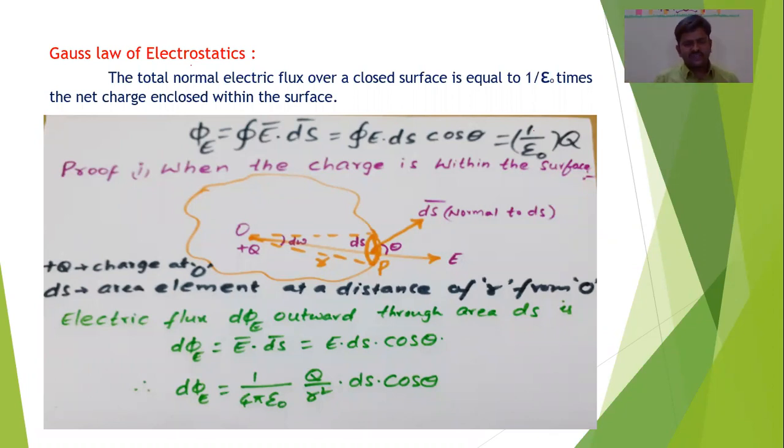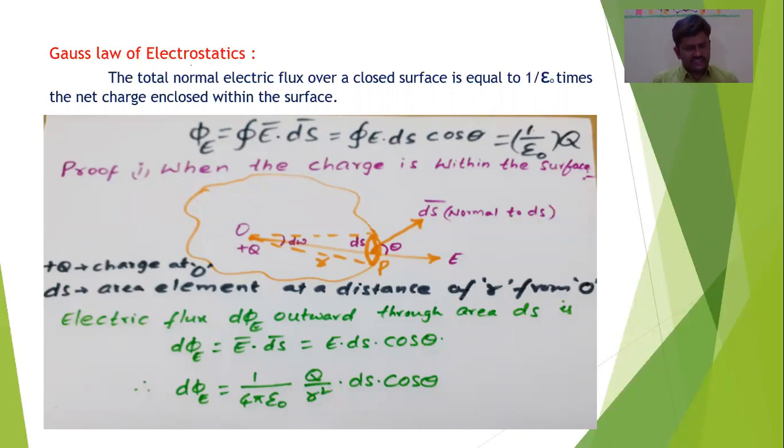In practical conditions, we see continuous charge distribution over a lengthy wire or a plate or a volume. When continuous charge distribution is there, we cannot use Coulomb's law to derive electric field intensity. So we need some other set of rules to calculate that electric field intensity. That is done by Gauss in the form of Gauss law of electrostatics.